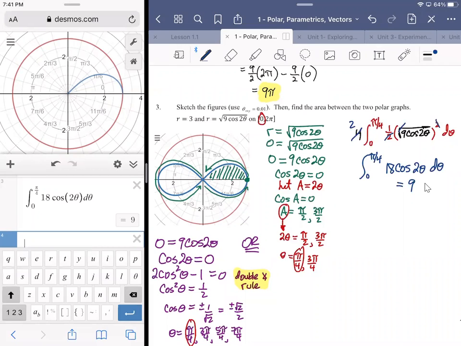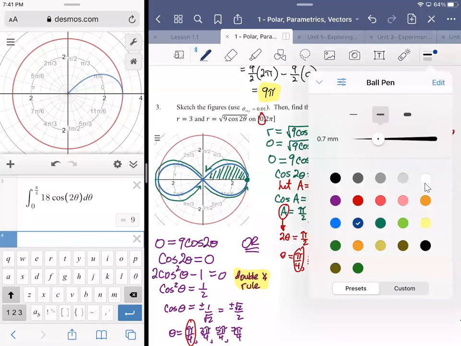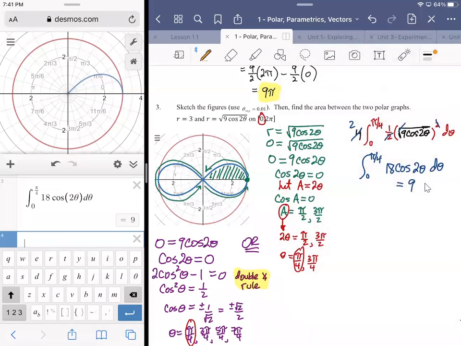Final answer comes from the fact that we're subtracting the area of the goggles from the area of the face. The area of the face is 9 pi, so the final answer, I'll go with this orange color, is going to be 9 pi, so therefore 9 pi minus 9. Oof. Brutal.